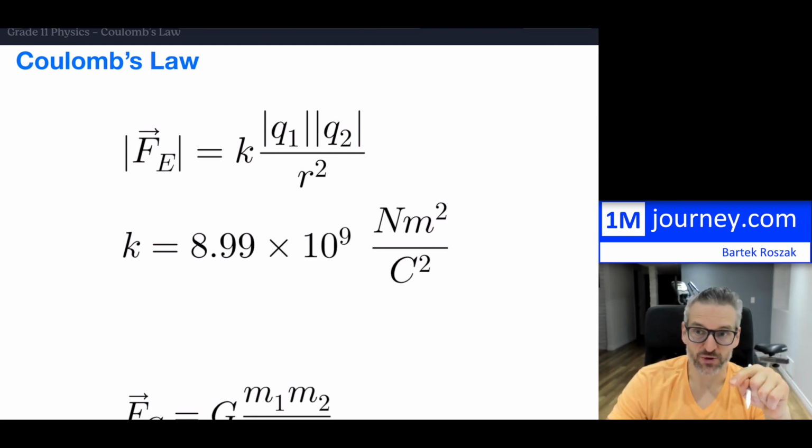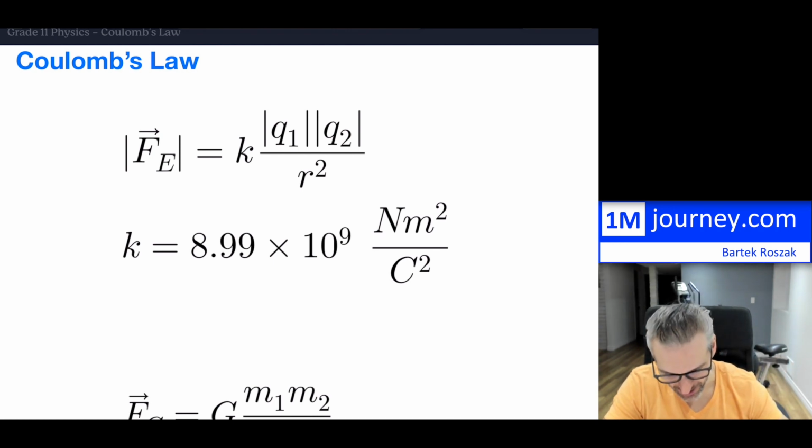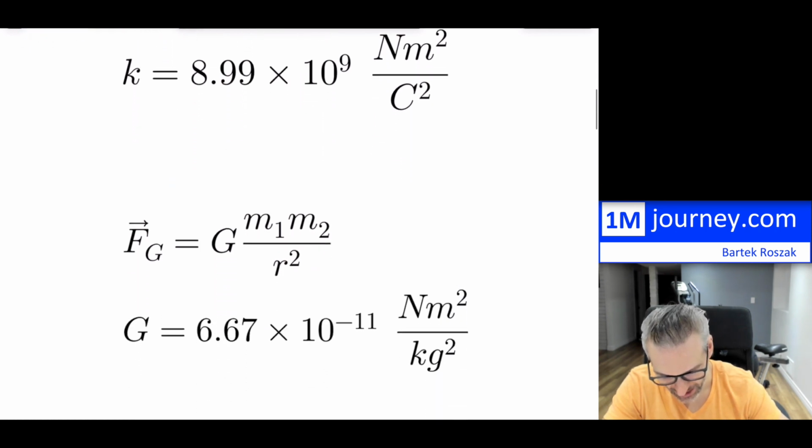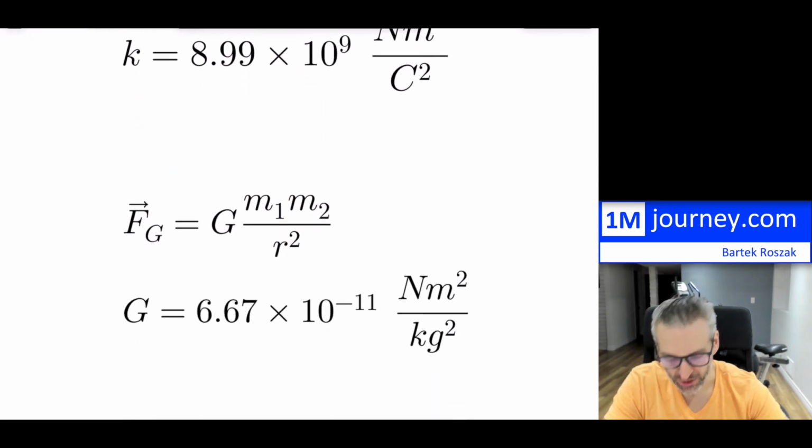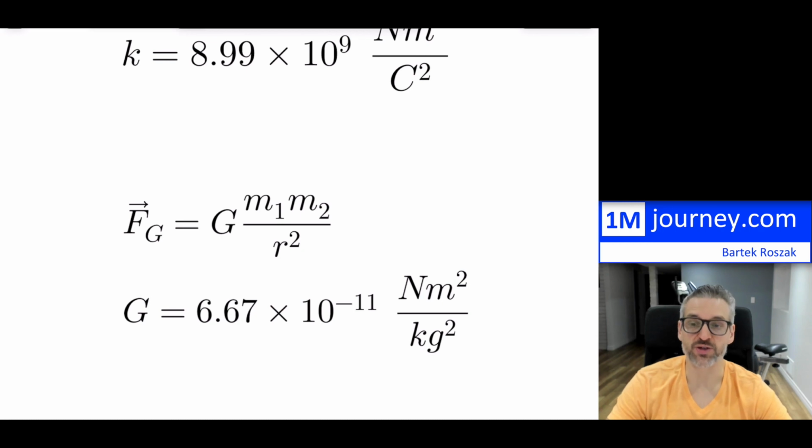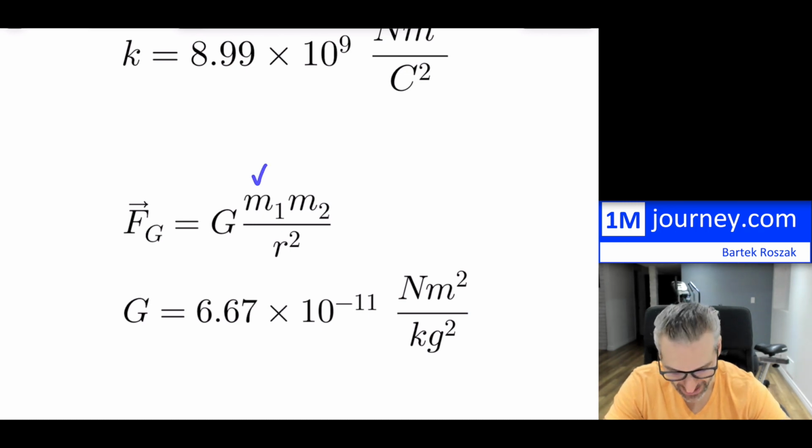Before I dive into this equation a little bit deeper, I want to bring you back to Newton's law of gravity. Because if you relate back, and I have purposely left it right here. If you recall, when you're studying Newton's law of gravity, these are only attractive forces between two masses. So we had mass number 1 and mass number 2.